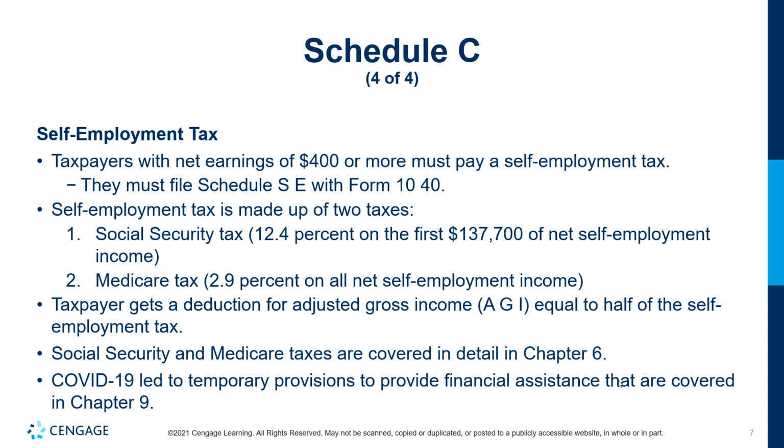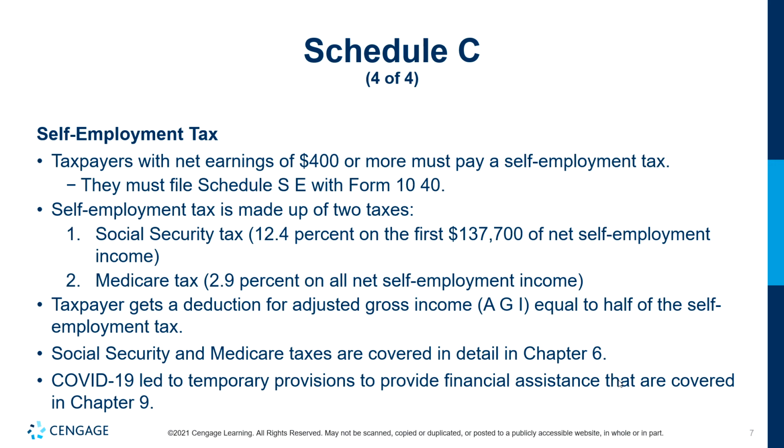Now, the cool thing is, as the taxpayer, you get a deduction for adjusted gross income equal to half of the self-employment tax. So if you really want to think about it, you do kind of only pay half of it. You get a little deduction, but remember, this is a deduction for AGI.